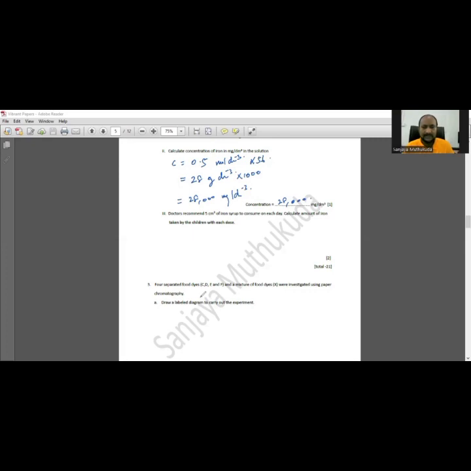Doctor recommended 5 centimeter cube of iron syrup to consume each day. Calculate the amount of iron taken by children with each dose, right? So it is 28,000 per decimeter cube, means in 1000 centimeter cube, you have 28,000. If it is 5 centimeter cube, how much?